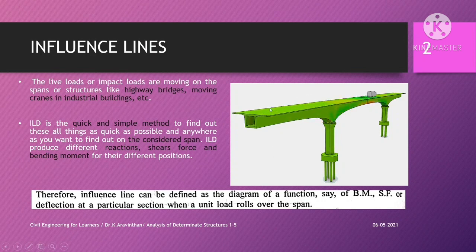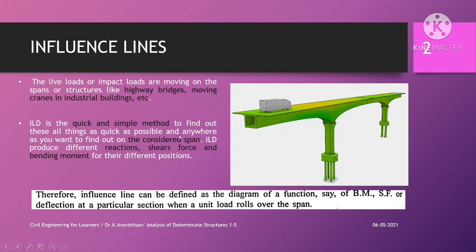Here in this picture you can see the stresses are maximum when the load is placed near the junction, that is near the piers, and as it moves far away from the pier, the load on the column decreases. Likewise, if the load is moving, there will be changes in the shear force and bending moment, but the influence line does not change.